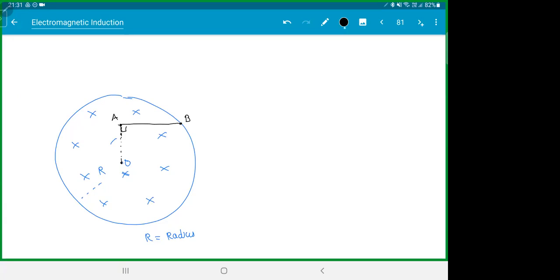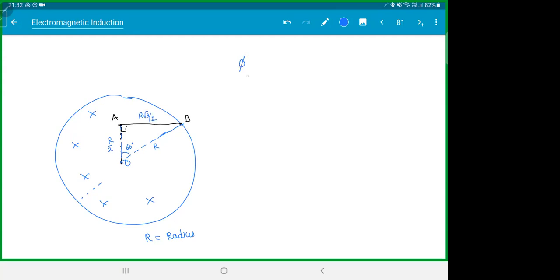Listen, I'm telling you what is happening here. So what we will do, we will complete the loop. Take a loop like this, OAB, and this is R by 2, and this is R. So this angle would be 60 degrees. So AB becomes automatically R root 3 by 2.